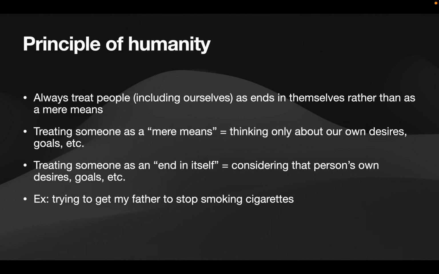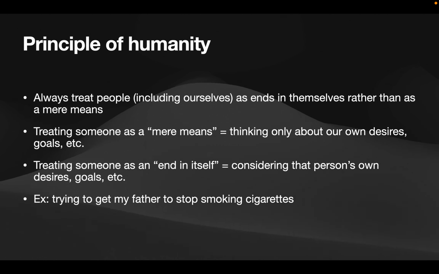In this subtle way, I'm inserting a false belief into his reasoning process that makes him end up ultimately not smoking cigarettes anymore. That's my goal for him, but that might not be what he wants, right? If he had a true belief, and I didn't lie to him, then maybe he wouldn't stop smoking, right? Maybe he doesn't care about his health in the same way.